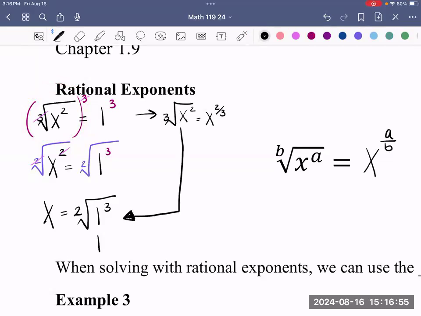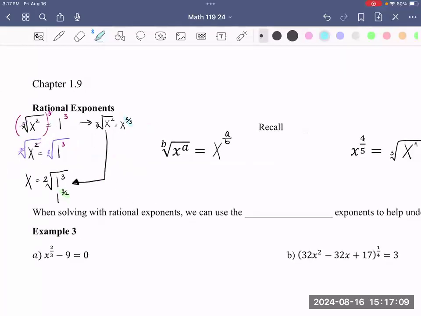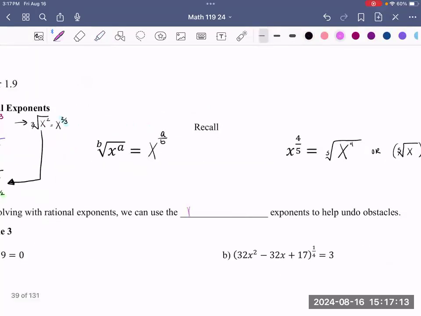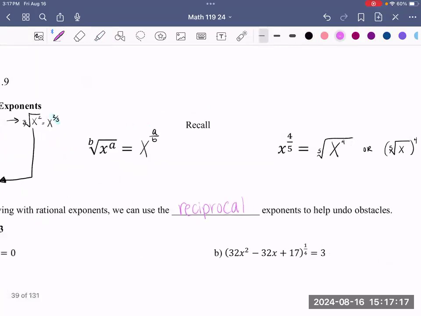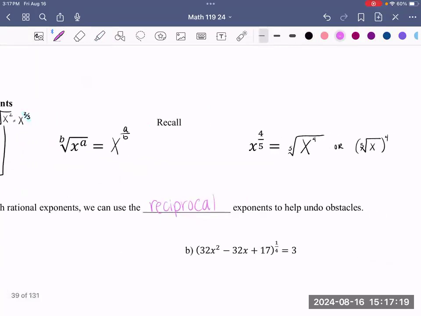Same thing here: 1 to the 3 over 2. They are what of each other? They are reciprocals of each other. 3 over 2, 2 over 3. So when solving with rational exponents, we can use the reciprocal exponents to help undo these obstacles.